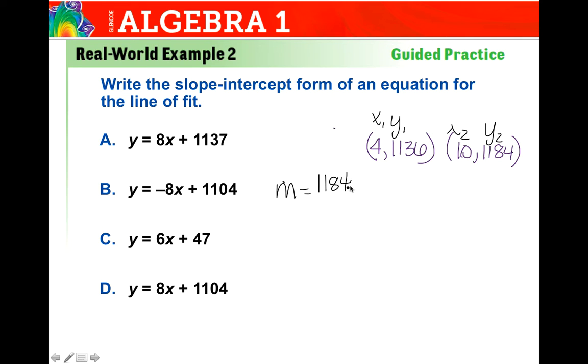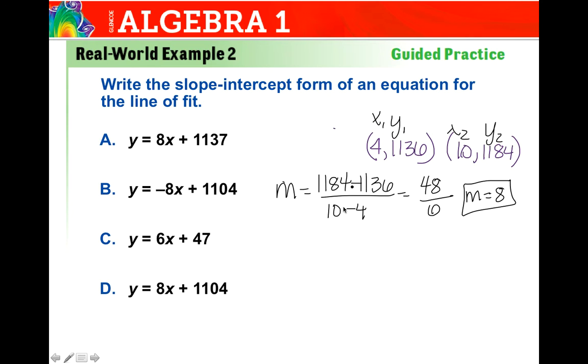1,184 minus 1,136 over 10 minus 4. Okay, so 1184 minus 1136 is 48 over 6. So your slope is a positive 8.